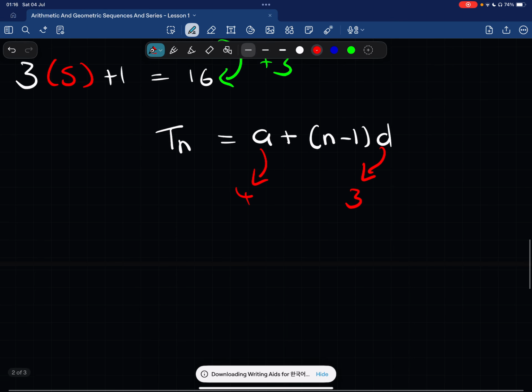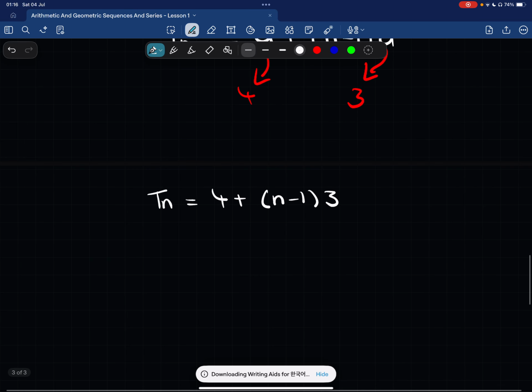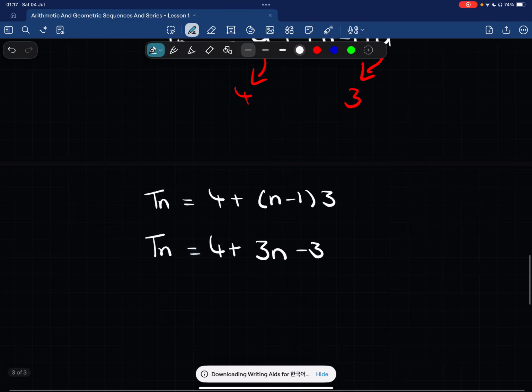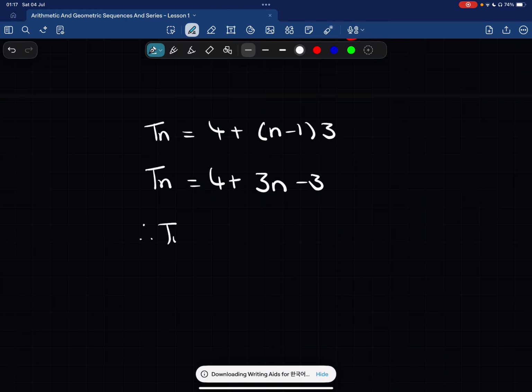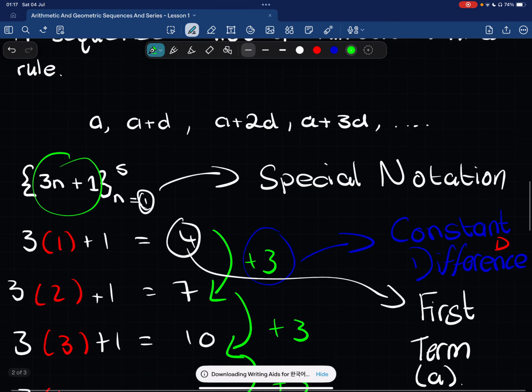When we combine all of this, we get Tn is equal to 4 plus n minus 1 all multiplied by 3. Therefore, Tn will equal 4 plus 3 multiplied by n is 3n. 3 multiplied by -1 is -3. Therefore, Tn is equal to 3n plus 4 minus 3, which is plus 1. And you'll notice what we have here is what I defined our sequence to be over here.